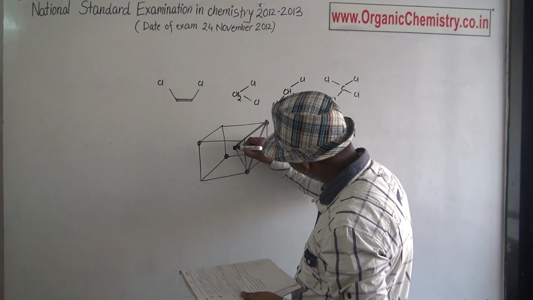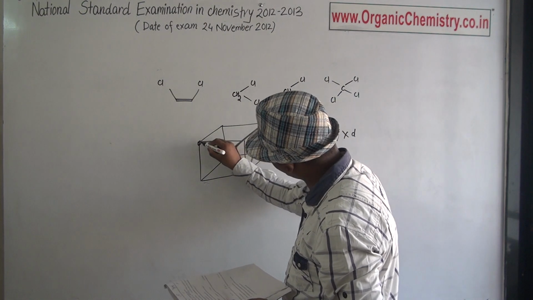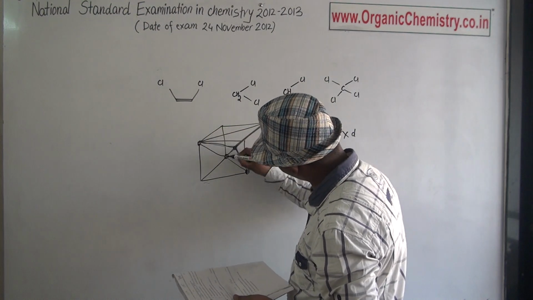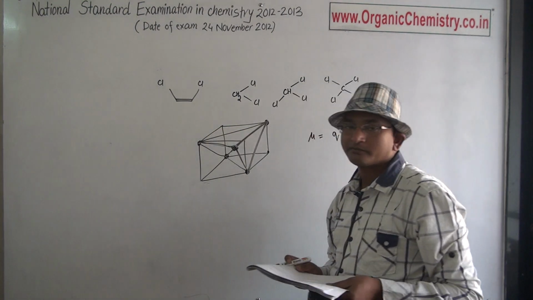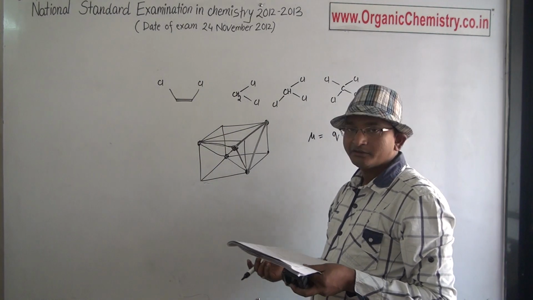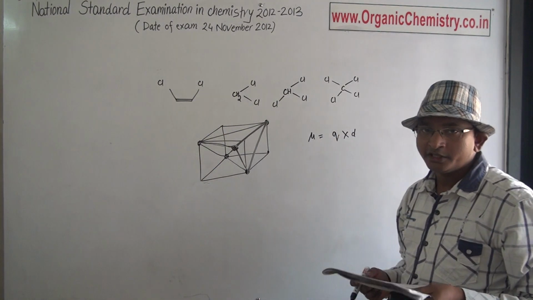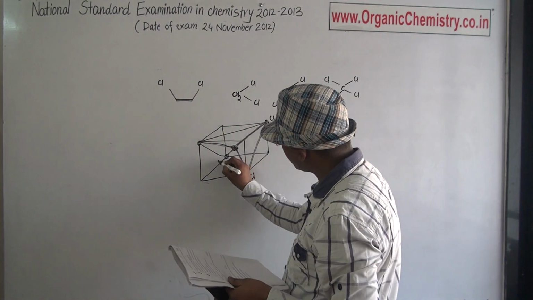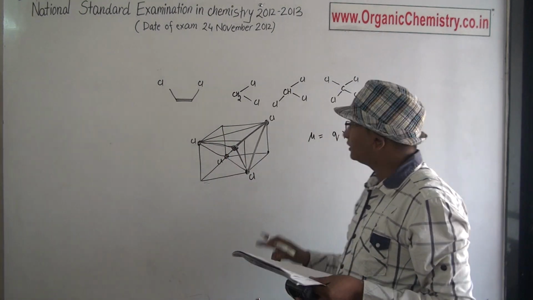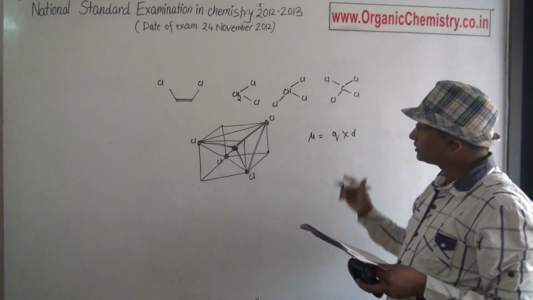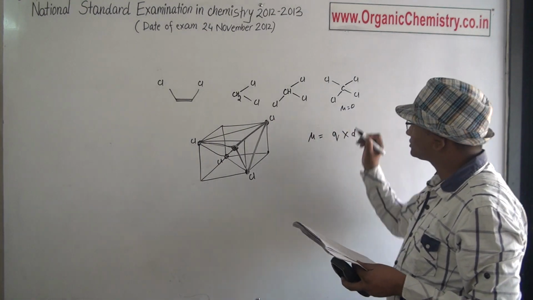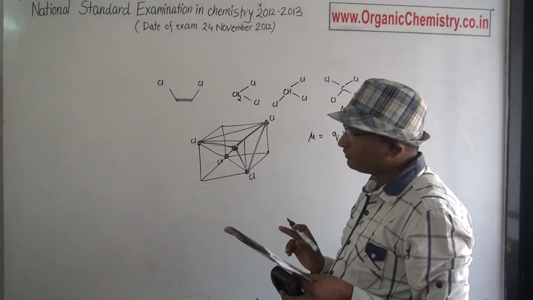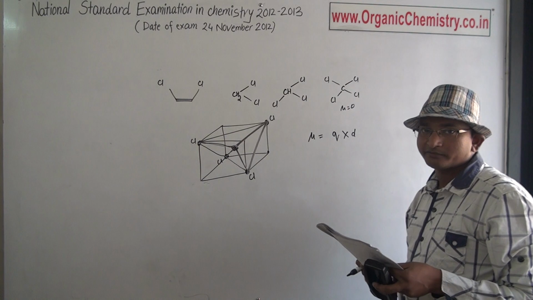Make a regular tetrahedral geometry by joining hydrogen with this carbon. For a regular geometry, the dipole moment will be 0. So in case of tetrachloromethane, the dipole moment will be 0. But in these three cases, it will have some fixed dipole moment.